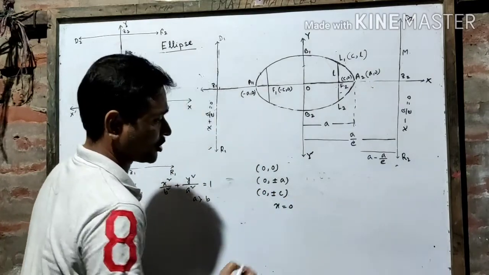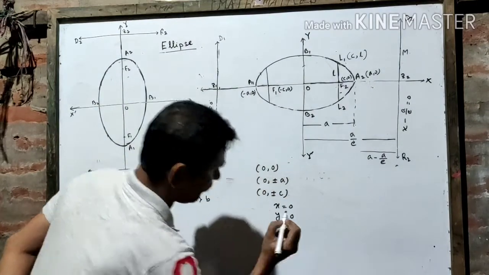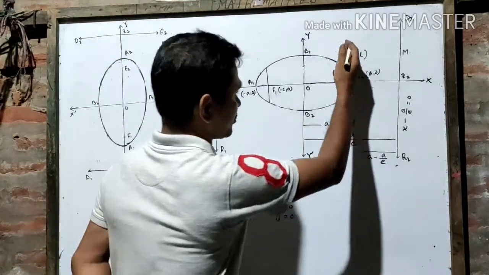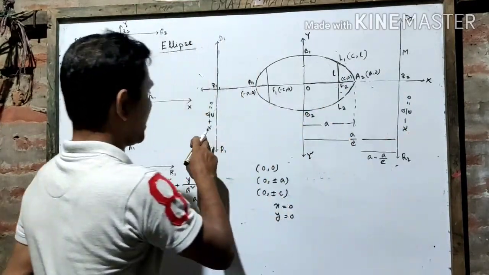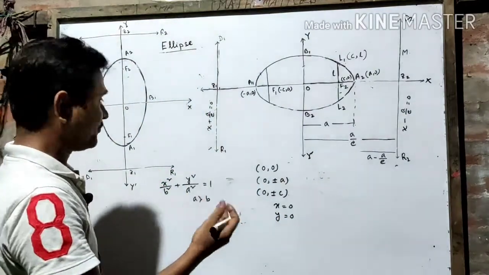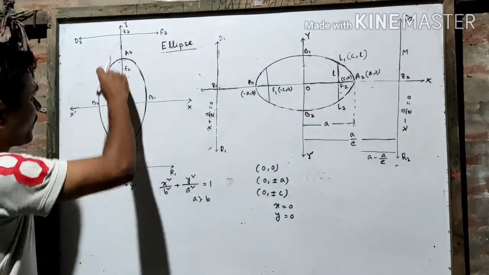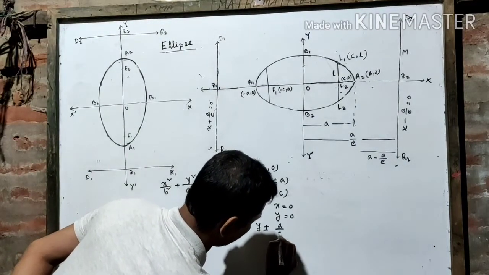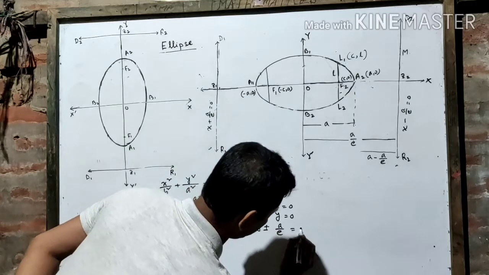Equation of minor axis will be y equal to 0. And what is the equation of directrices for this ellipse? For the earlier ellipse it is x plus minus a by e, and for this ellipse it will be y plus minus a by e equal to 0.